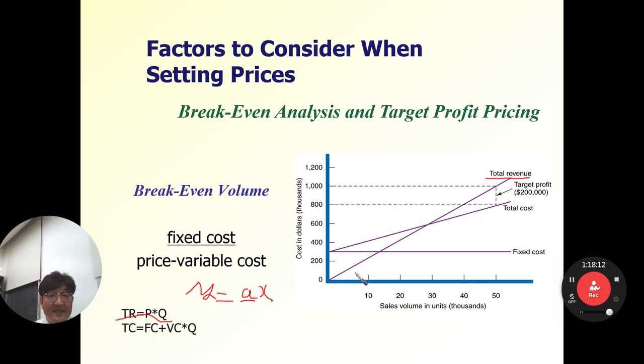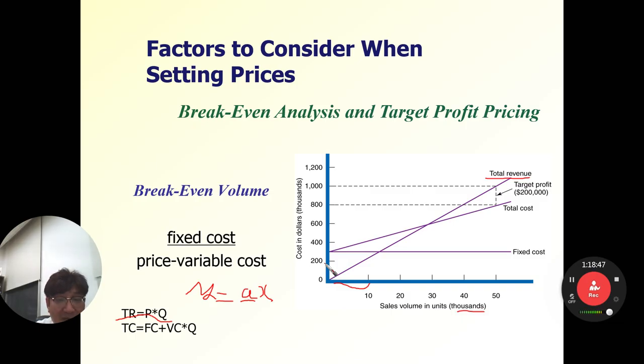Yes, A is the slope of this line. You learned this in junior high, the middle school, 중학교. This is a first order equation. How to write the equation for the total revenue? Just think about this. If you sell 10 units, you will make $200.